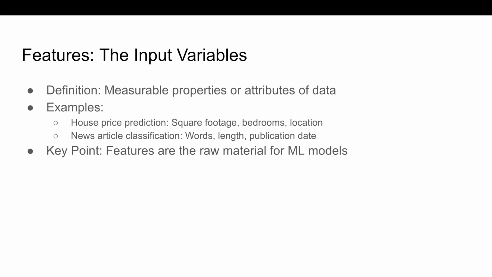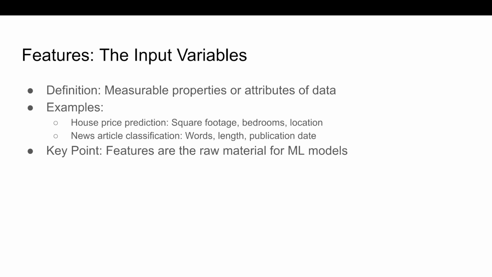In this case, the features encapsulate various aspects of the article that provide clues about its content and help determine its appropriate category. So, in essence, features are the informative attributes you extract and select from your raw data.